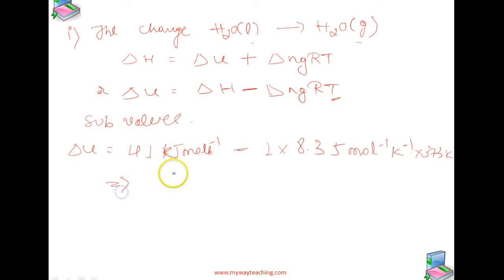After multiplying and calculating all this, 37.904 kilojoule per mole is the answer for the first one.